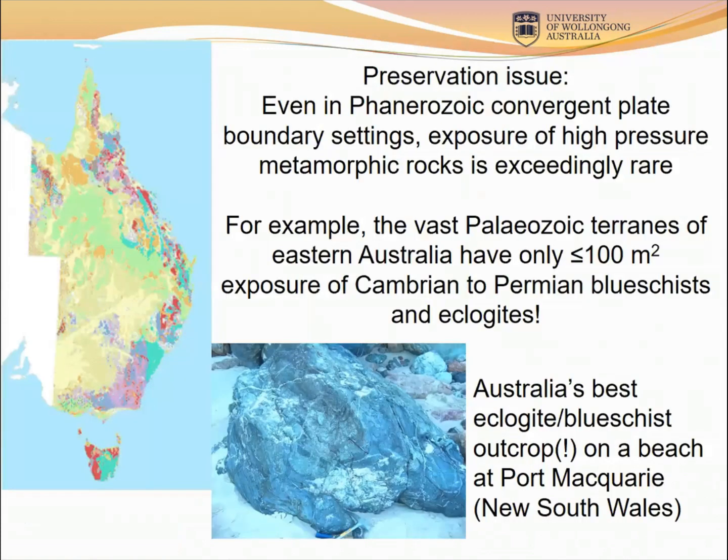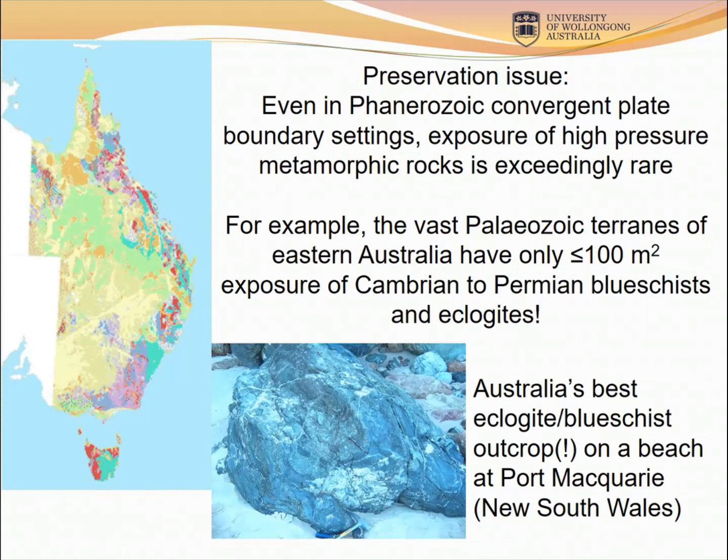So there is a terrible preservation problem with high pressure metamorphic rocks. This shows the young eastern part of Australia, which consists of a vast area which was formed at convergent plate boundaries from the start of the Cambrian up into the early Mesozoic.